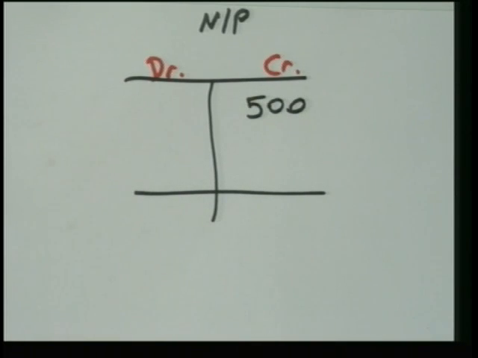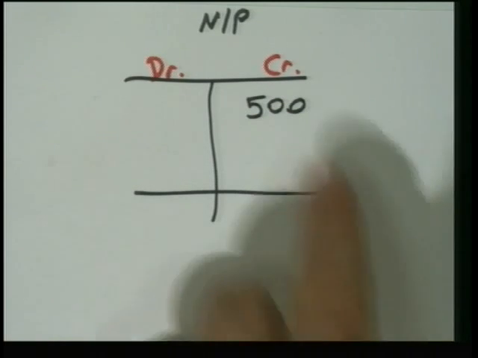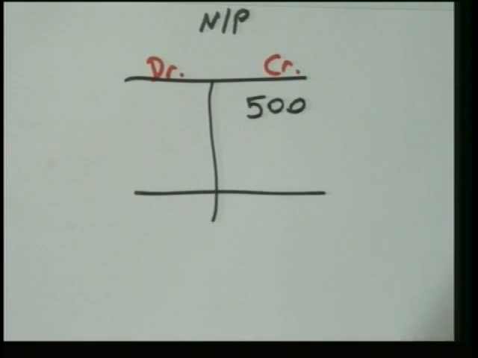Are you with me? For notes payable, increases are on the credit side. That's why we can't say debit means increase and credit means decrease. No. Debit means left, credit means right. Some accounts, the increases are kept track of on the debit side. Other accounts, increases are kept track of on the credit side. Are you with me? Cool.